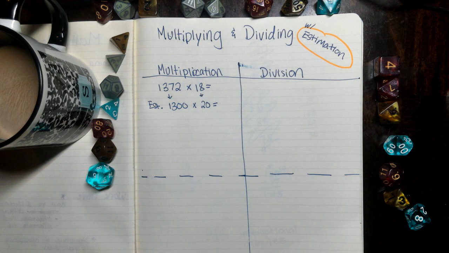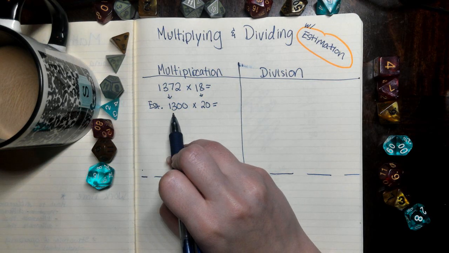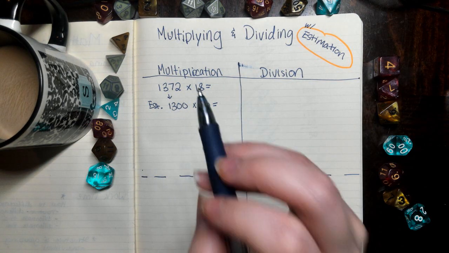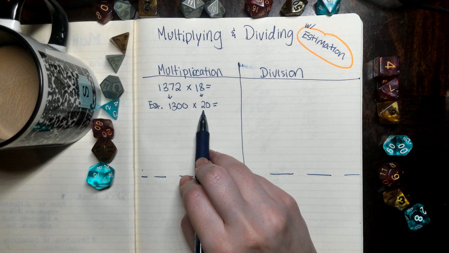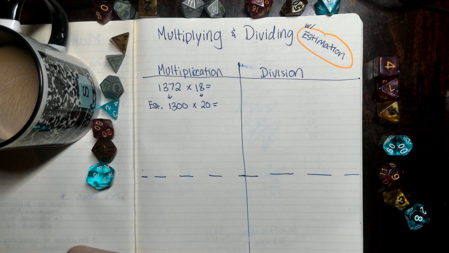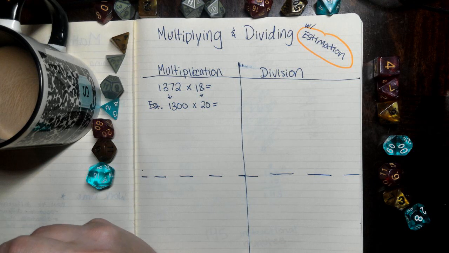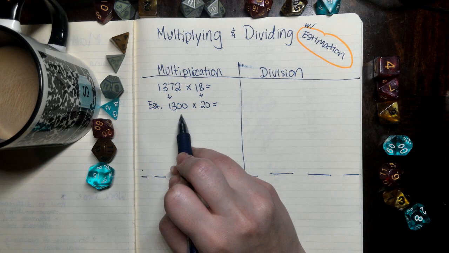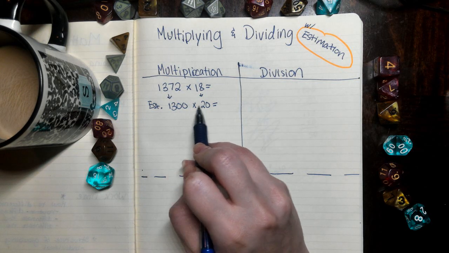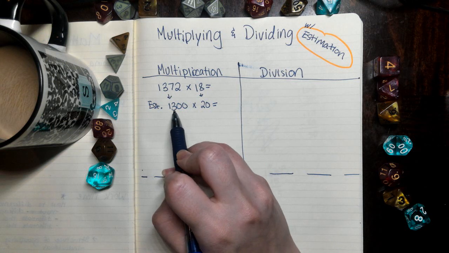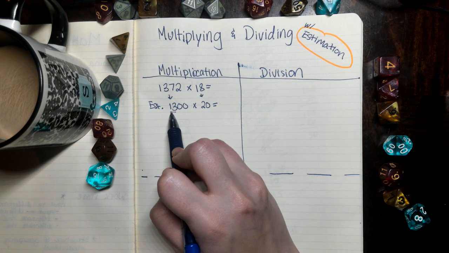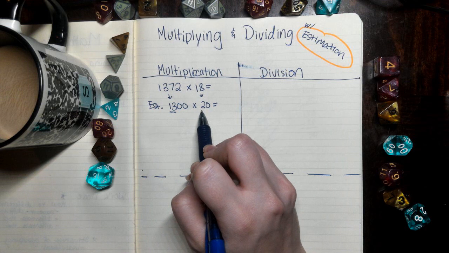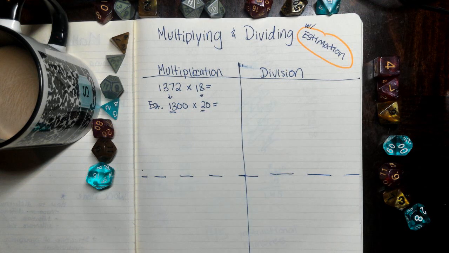So you might be thinking, how is that any easier? Like, how is 1,300 times 20 easier than this? Well, it totally is. You can do this problem in your head. You might not think you can, but it's because you're overthinking it. Remember, when you're multiplying something with a bunch of zeros, we can start by just looking at the 13 and looking at the 2.